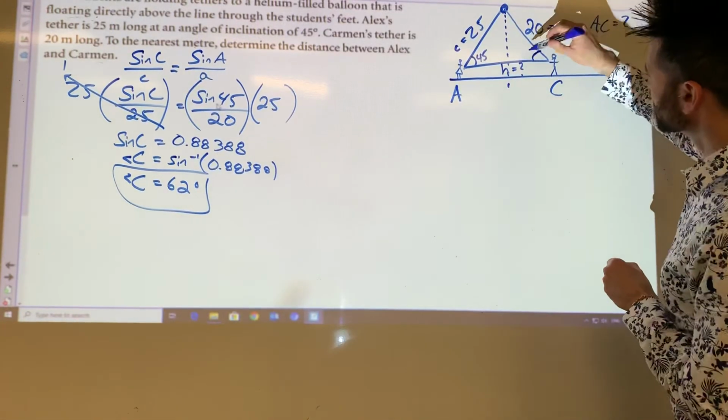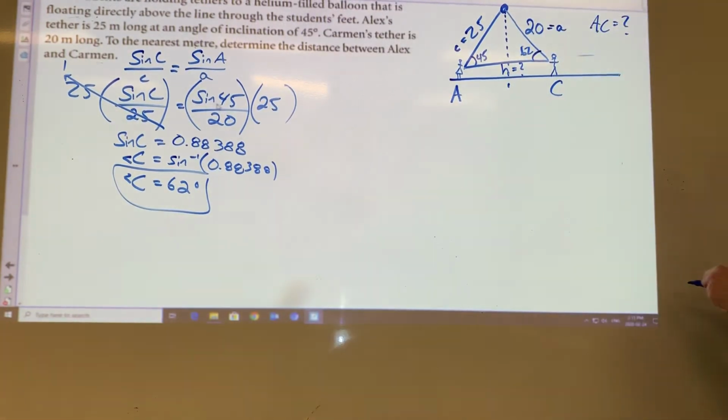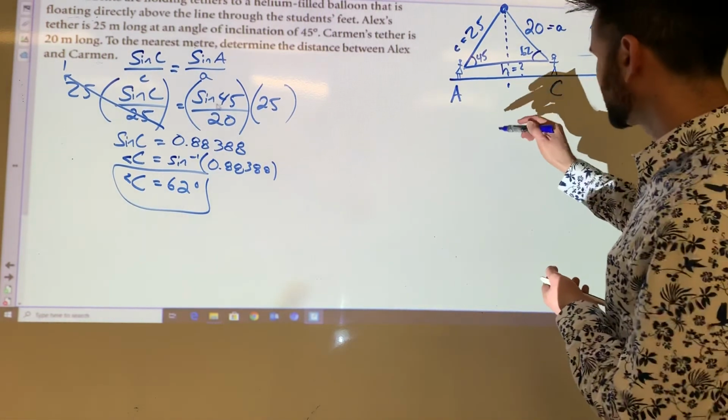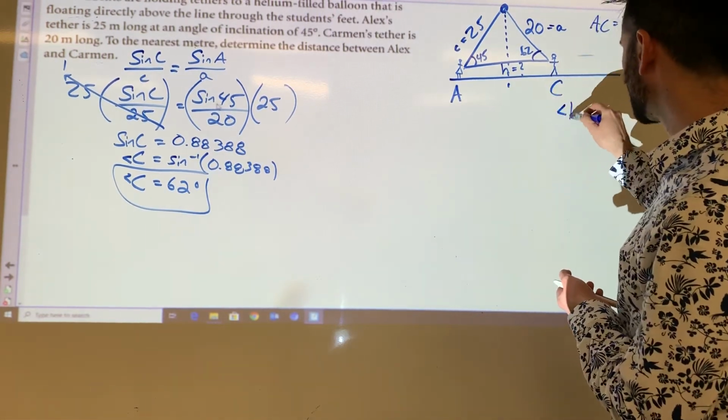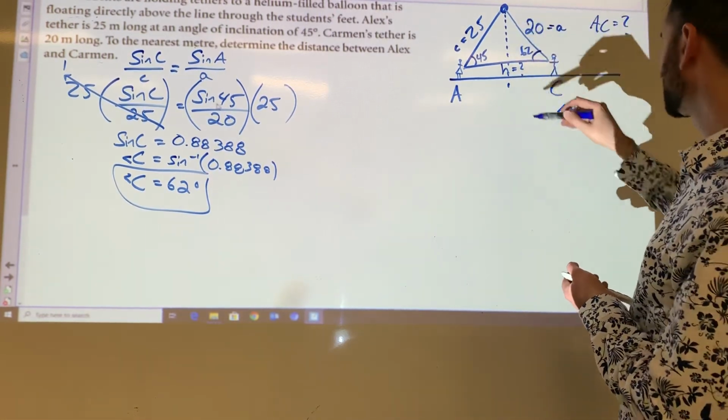So I'll update my picture. Great. Now I know that. Does that help me? How does it help me? Ah, yes, very good. So I can now find angle H, which will then help me find side a.